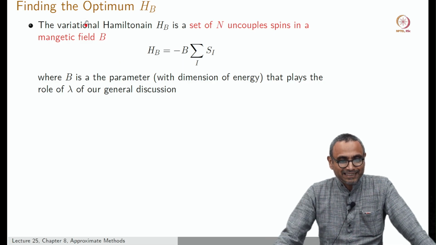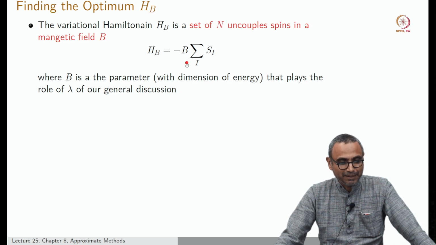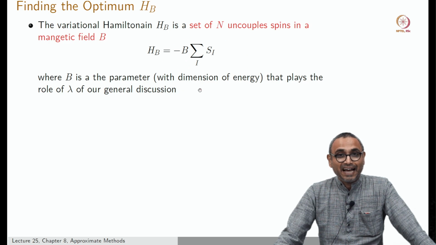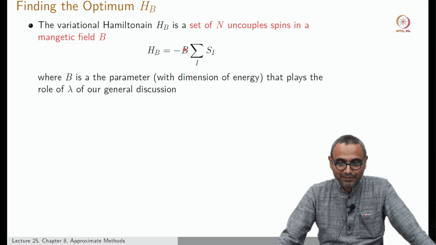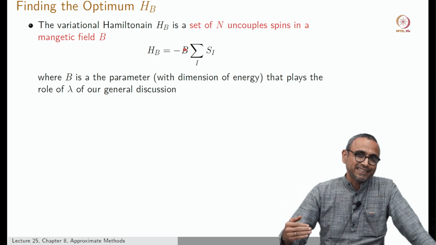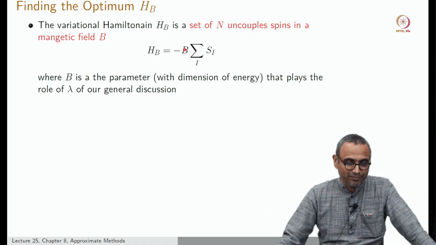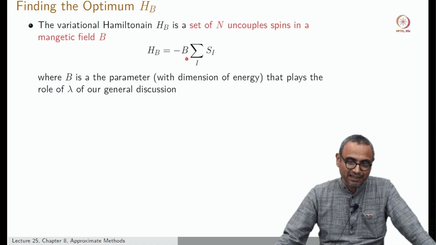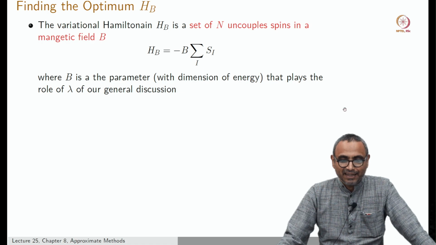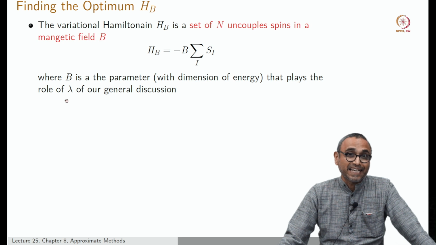This variational Hamiltonian is a set of n uncoupled spins in a magnetic field B, and this H_B is given by this expression, and B is the parameter. Remember B, the way we are defining this, has dimensions of energy. So we have chosen units in such a way that all terms in our Hamiltonian with the parameters that we are discussing have units of energy. And just to remind you, this plays the role of lambda of our general discussion.